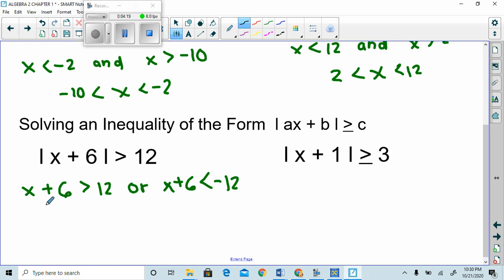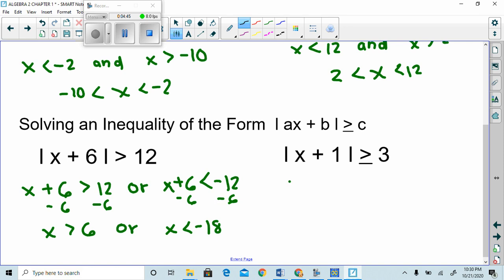Reverse and change the sign. Subtract 6, and you get x is greater than 6, or let's subtract 6. x is less than negative 18. Again, you'll see they're going in opposite directions, but we're solving two inequalities because these are absolute value.